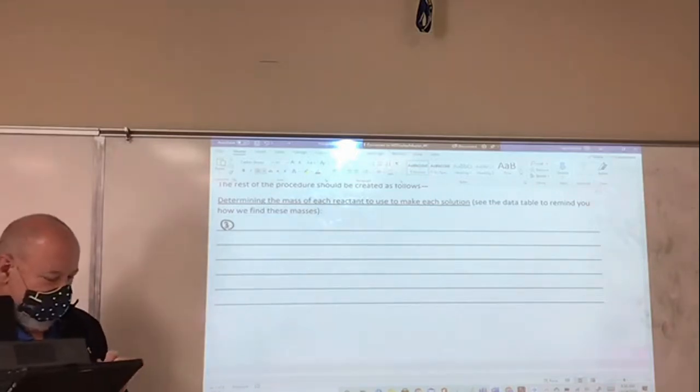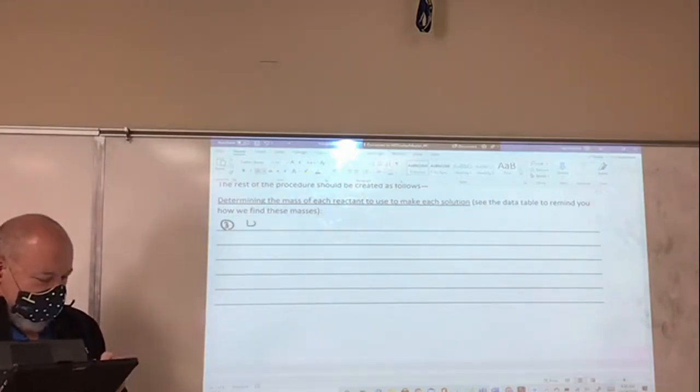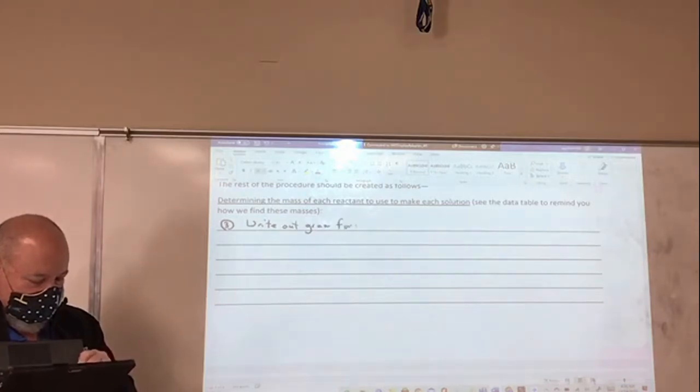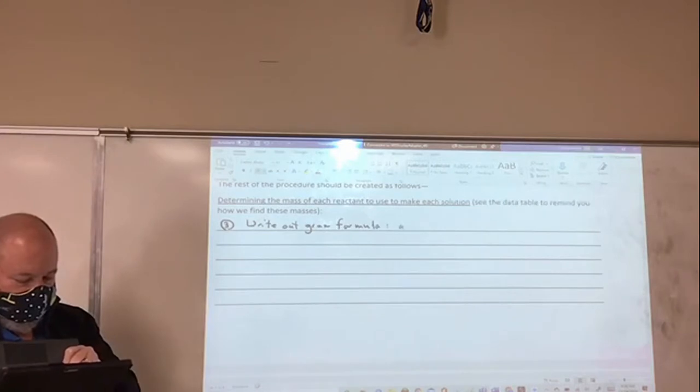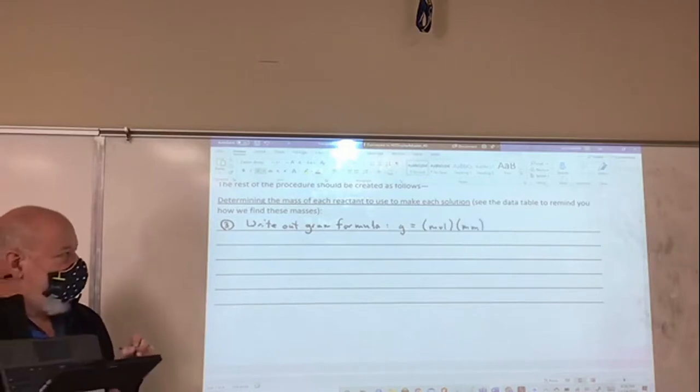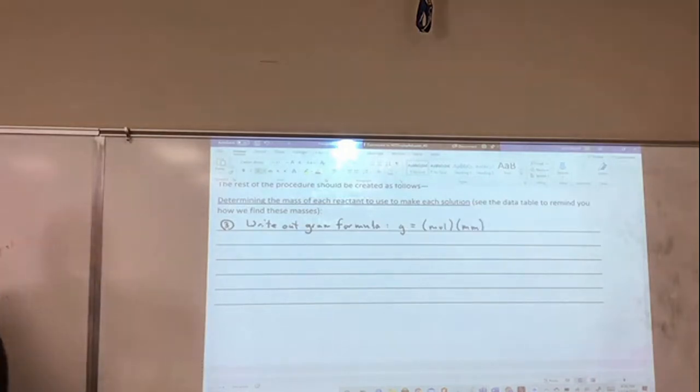Yeah. Write out the gram formula. Grams equals moles times molar mass.